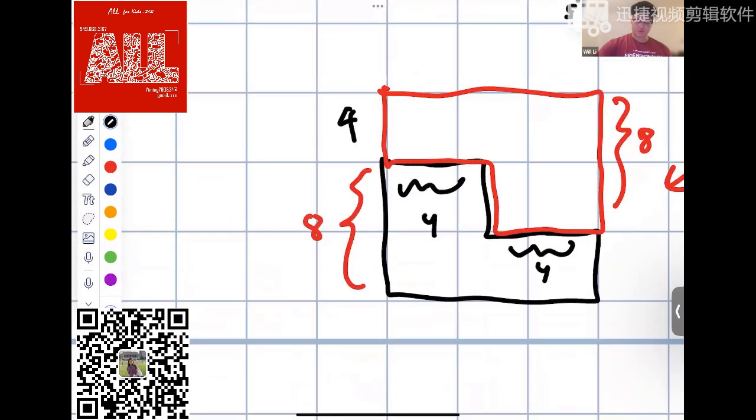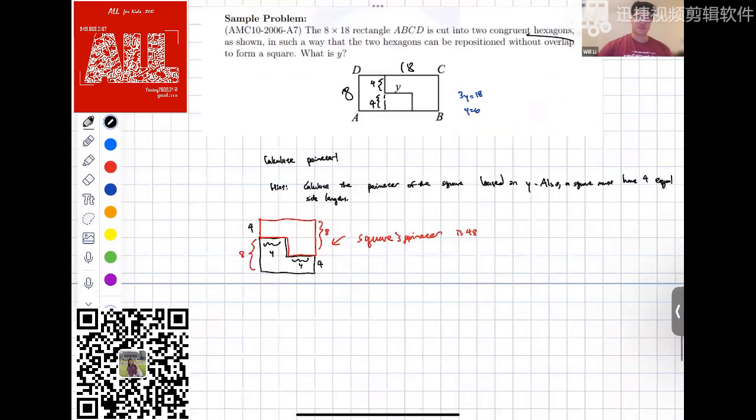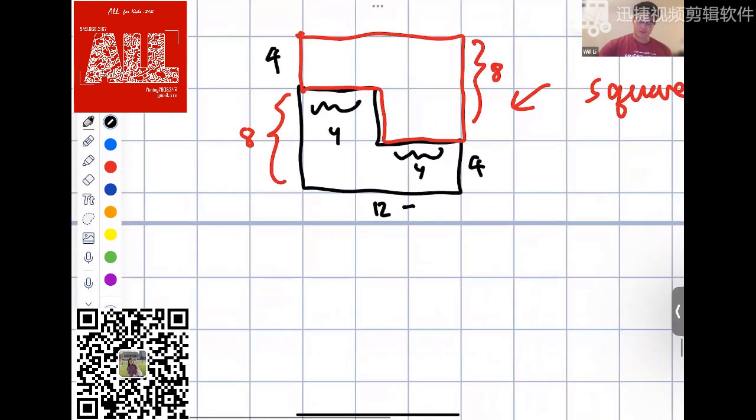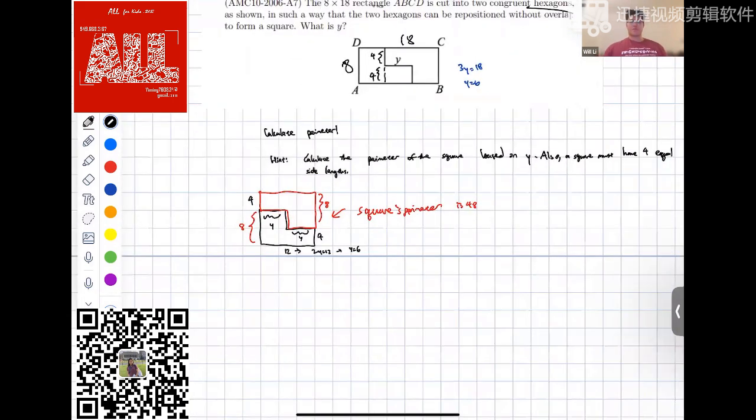So that means you can look at this as 4 and 4. So that means you know that the side length has to equal 12. And then 2y. Does that make sense? Yeah. Okay.